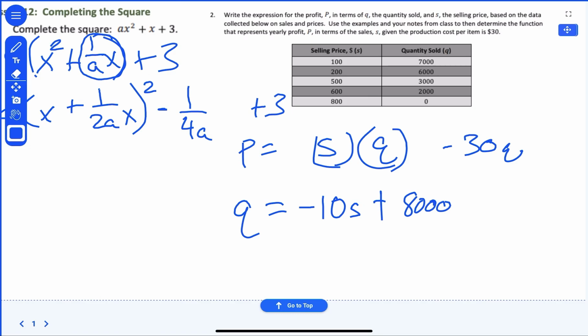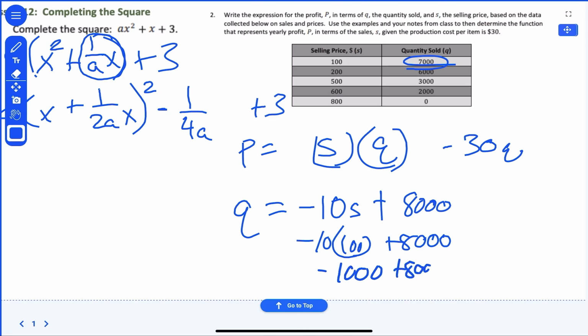So negative 1,000 plus 8,000 is 7,000. You see that? If we plug in 100 for S, we get a negative 1,000 plus 8,000 gives us the quantity sold of 7,000. Do we see this?